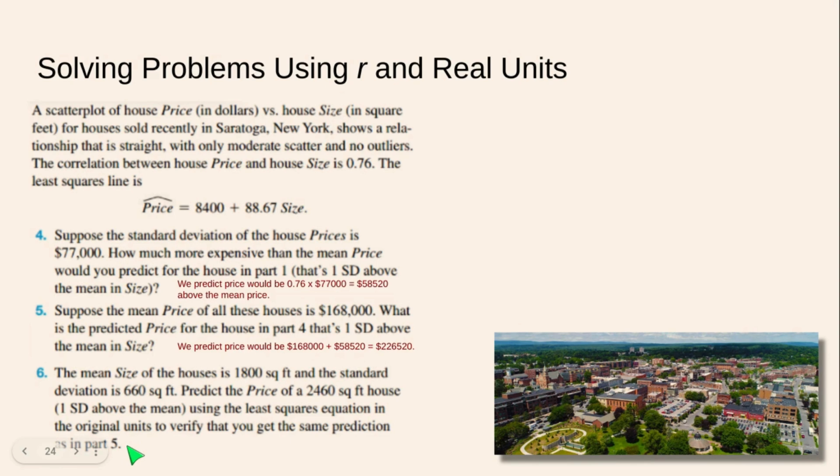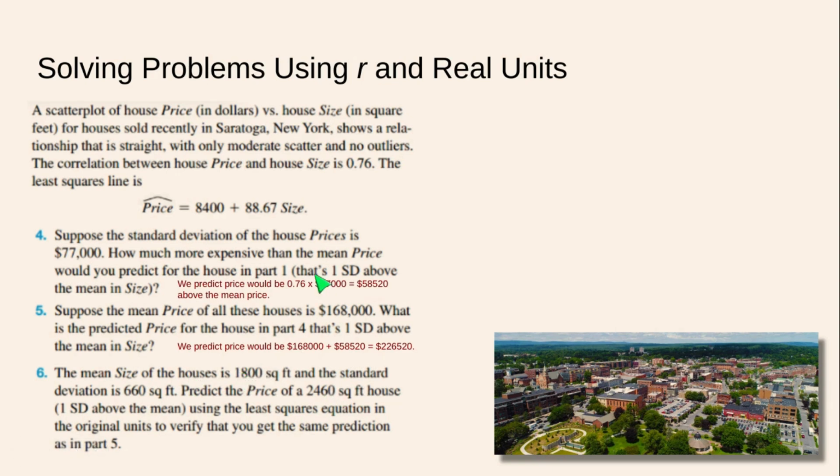So we finally get to use a regression equation in real units. And here's how we do it. We are going to substitute 2,460. The mean size is 1,800. 1 standard deviation above is 660 above that, which works out to 2,460.